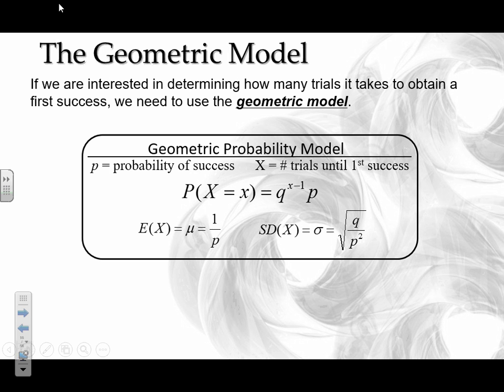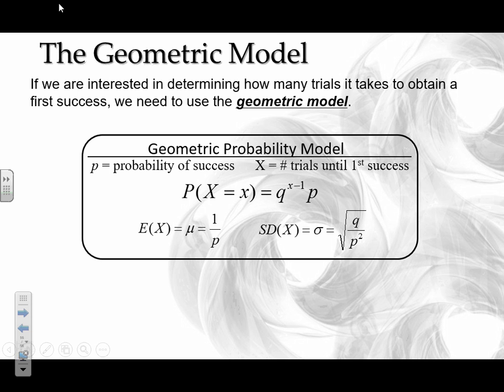So we already talked about the expected value. Take 1 divided by the probability of success. Now, it wouldn't hurt to write down the formula for standard deviation. However, since the geometric distribution doesn't have a fixed number of trials, it doesn't necessarily have a certain distribution that we can use to calculate probabilities with.